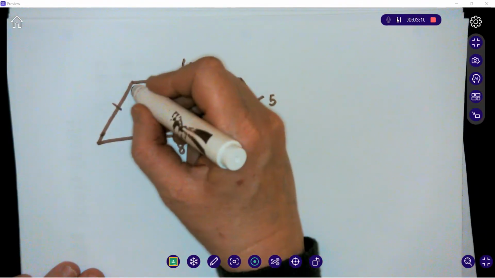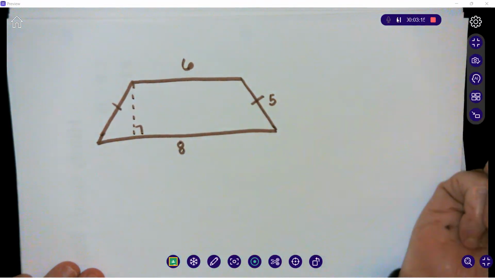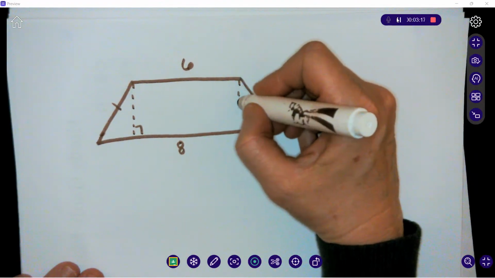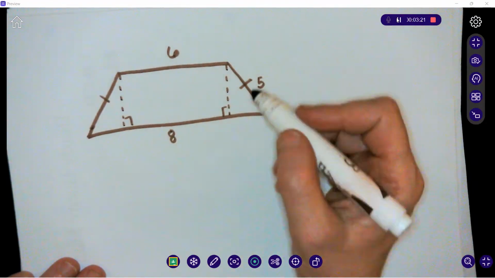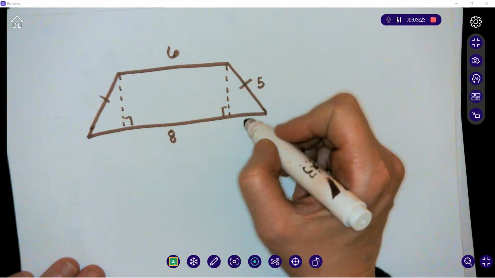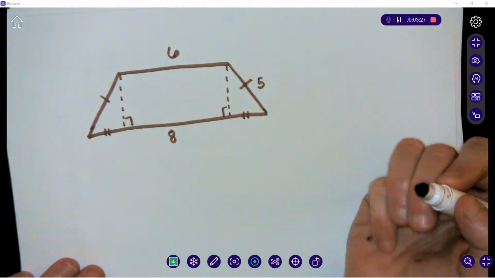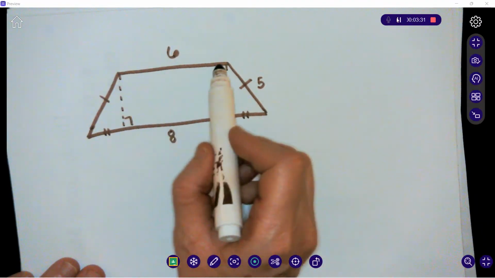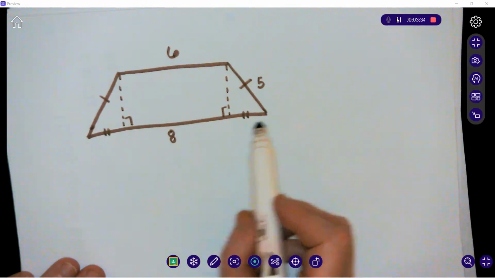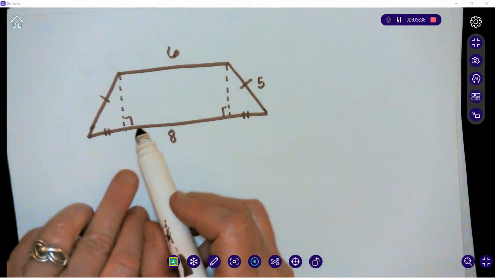But we don't know what the height is. So we need to use the information in our diagram to figure out what the height is. Well, the other information that they gave us was this is an isosceles trapezoid. So that means that this little segment right here has to be equal to this one. So if this upper base is 6 and this one is 8, that means the distance between here and here is also 6, right?